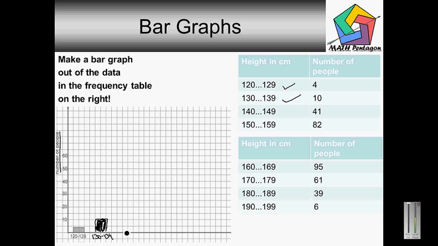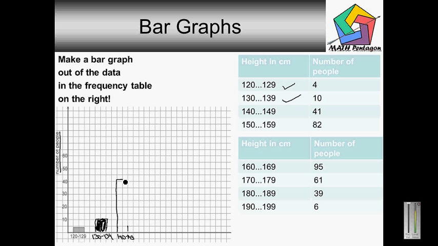Okay, I go to 140 to 149 in height in centimeters, so I plot it right here. I create my graph, and number of people is 41 for that height.